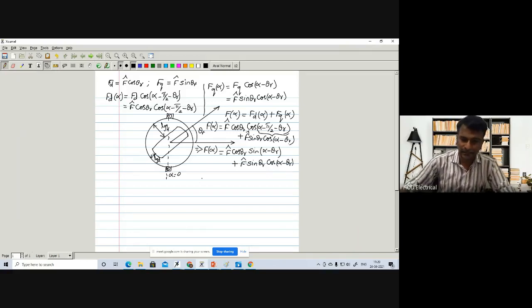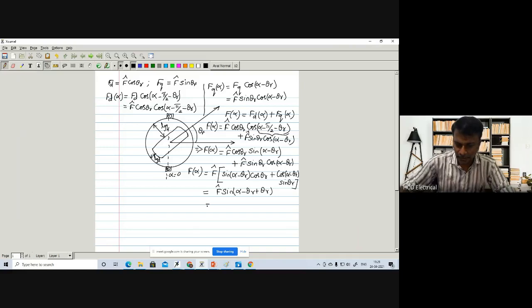If you substitute the identity sin A cos B plus cos A sin B, we will have F of alpha equal to F cap into sine of alpha minus theta into cos theta plus cos of alpha minus theta into sin theta. So that is F cap into sine of alpha minus theta plus theta, which equals F cap into sine alpha.